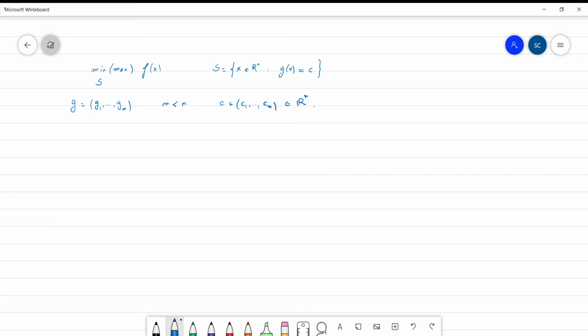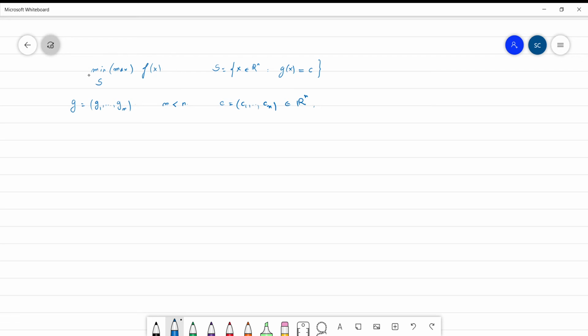The difference here is that the set can have an empty interior. So it's different from the first category of sets.